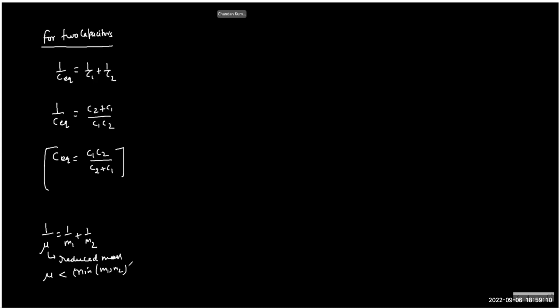Why did I give this answer? Because one asked why it is called reduced mass: because it is actually reduced in value compared to any value which you take. And reduced mass is not for only two masses, you can keep on adding like this. So this is the reduced mass of the system of all the parallel masses.